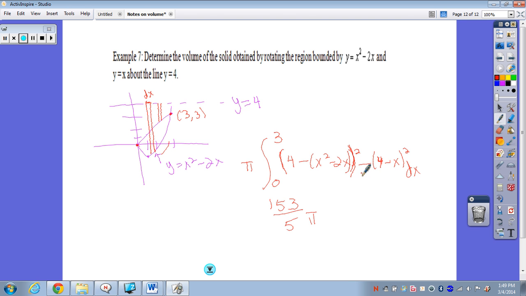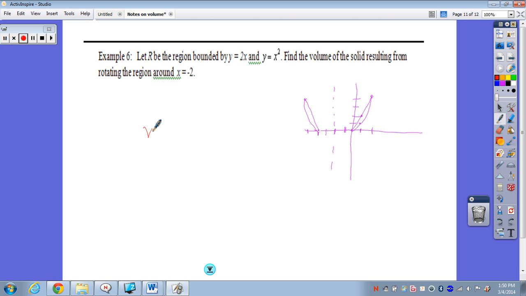Okay, and then also the 4 minus x, and we should get 153 over 5. And then if we come back to the previous one, after you try it, you should get the volume to be 8 pi units cubed.